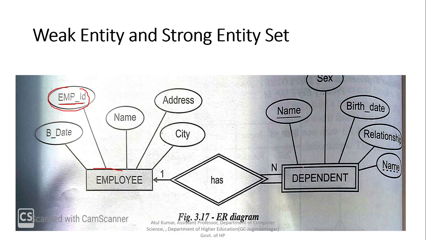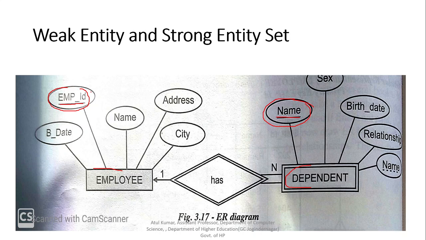Similarly we have a dependent, and this dependent is a weak entity, so we represent a weak entity with a doubly lined rectangle, and here name is a partial key, so name is also represented with a dashed underline below it.